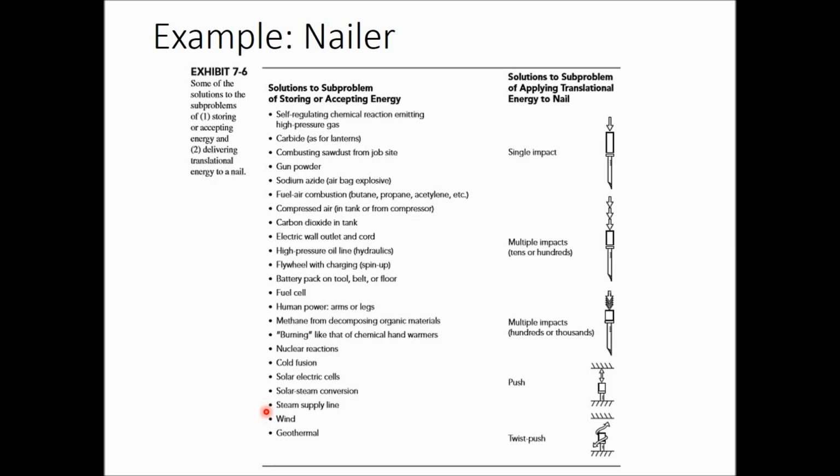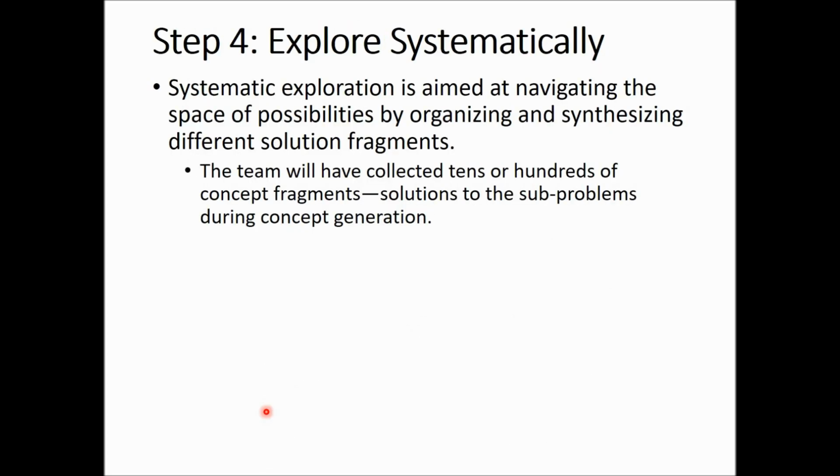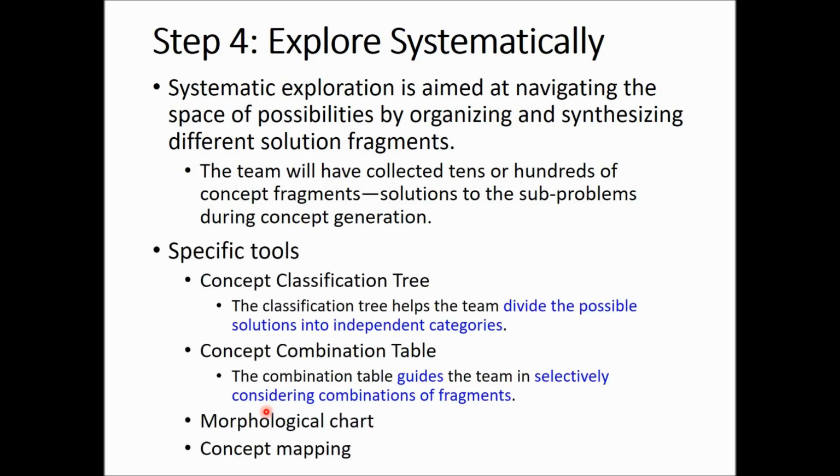Now, once you have agreed on the functional decomposition, identify different functions and related technologies or ways of implementing these different sub-functions, that is, generating ideas or new concepts for implementing different functions. Then you can explore systematically to see what combination of ideas would make a better product. So there are several tools available for this. Concept classification tree is a kind of tool that we could use to divide the possible solutions into independent categories.